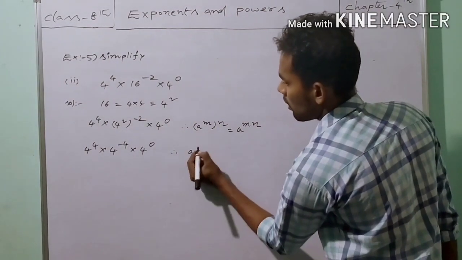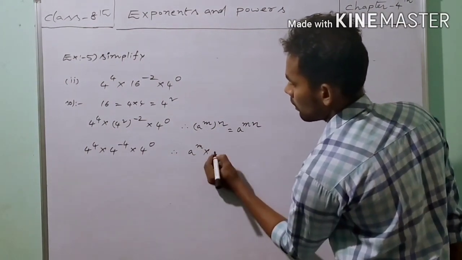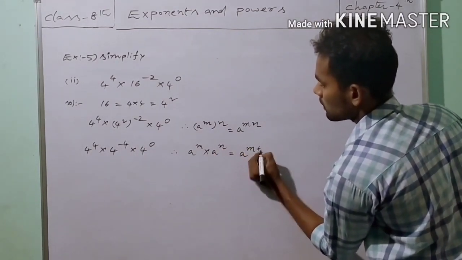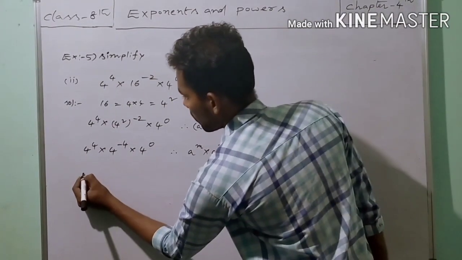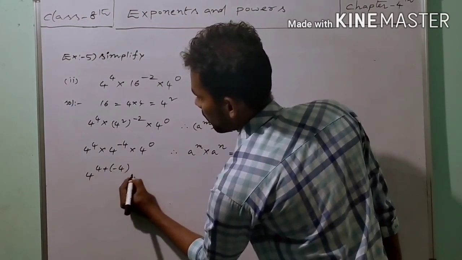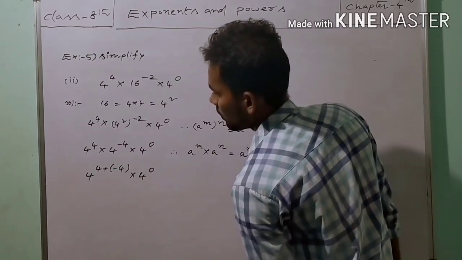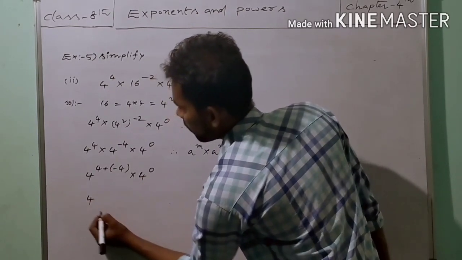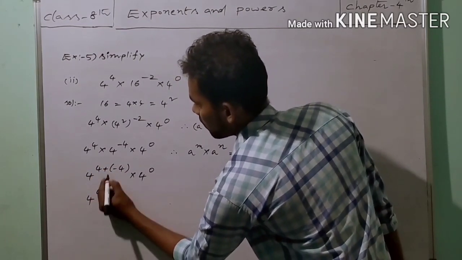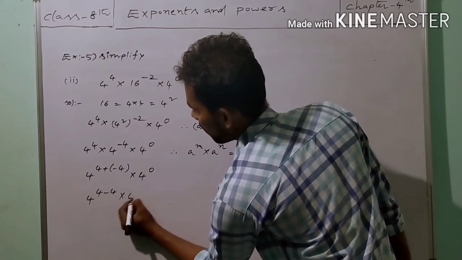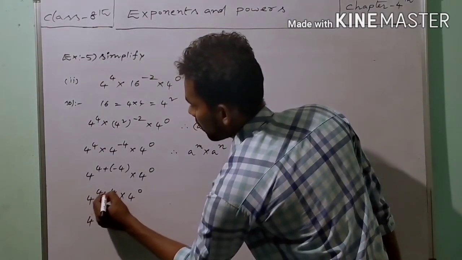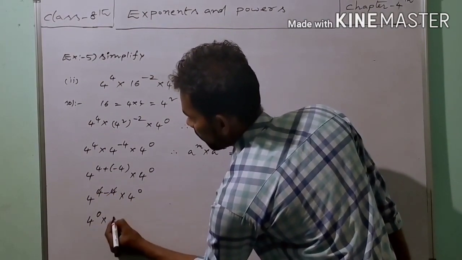Therefore, a power of m into a power of n equals a power of m plus n. 4 power of 4 plus minus 4 into 4 power of 0, equals 4 power of plus 4 minus 4, cancel, 0, into 4 power of 0.